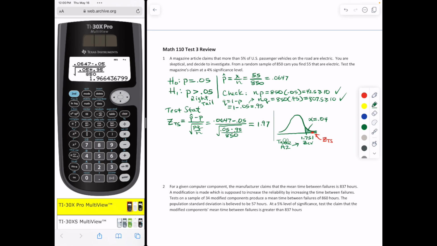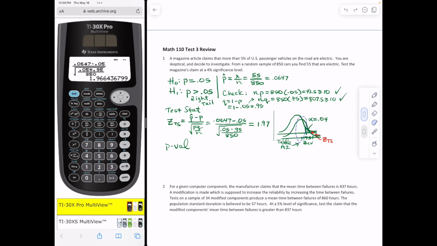Okay, and then back to this, we want to get a p-value. So once again, we need a little bell curve diagram. I'll put it over here.